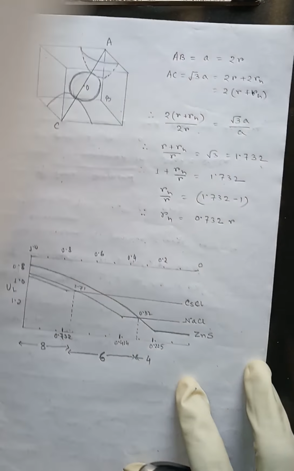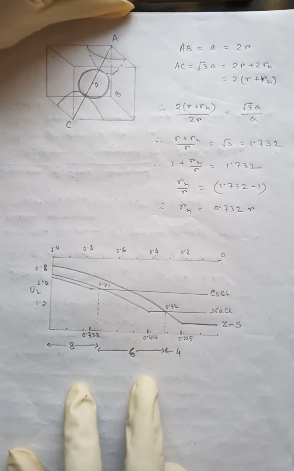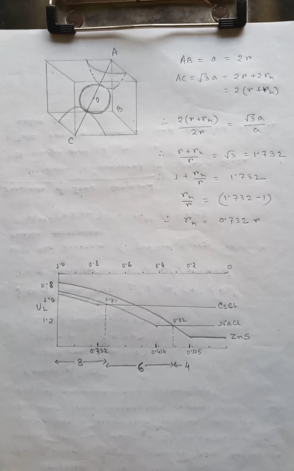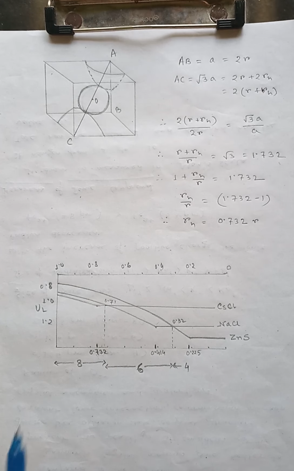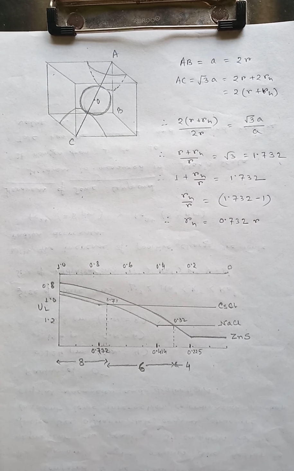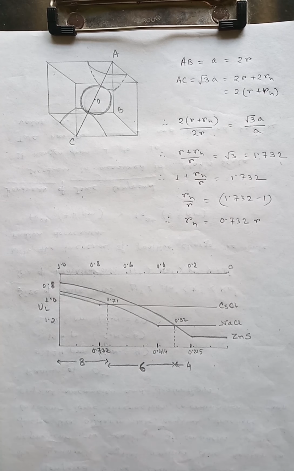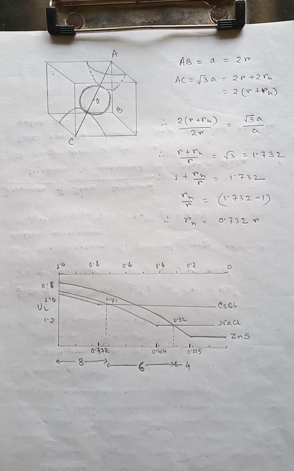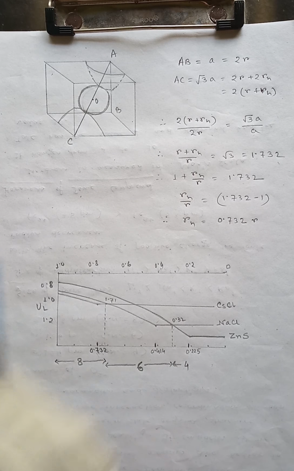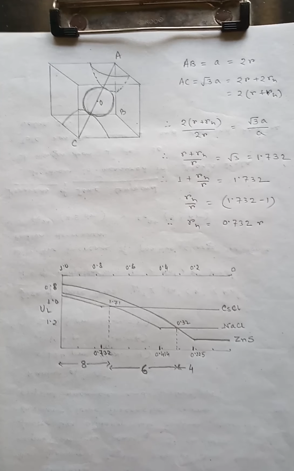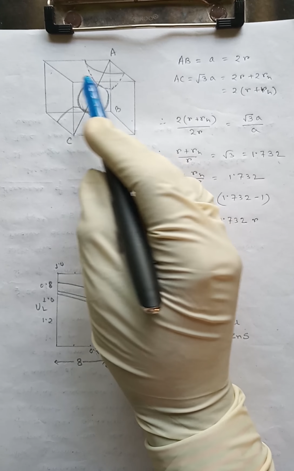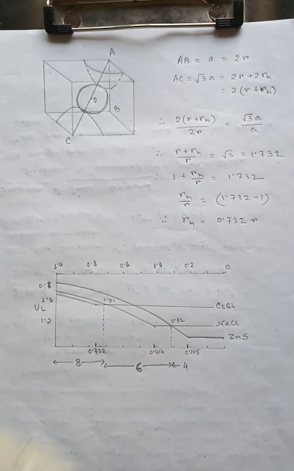Now see. This one is just a simple cubic structure. So 8 corners are occupied by 8 anions, and this is the hole formed by these 8 anions.